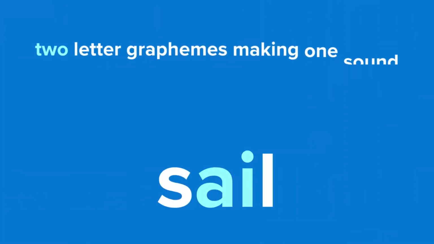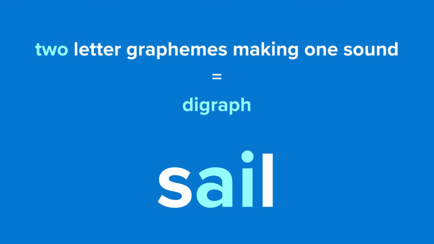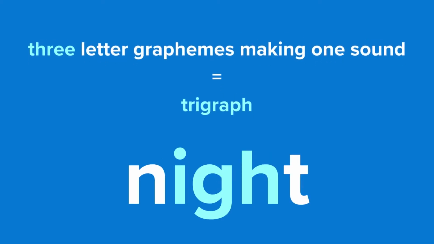So the middle 2 letters are one single grapheme. 2-letter graphemes, which make one single sound, are called digraphs, like A and I in the word sail. 3-letter graphemes that make one single sound are called trigraphs, like the letters I, G, and H in night, which make the single sound I, n, i, t.